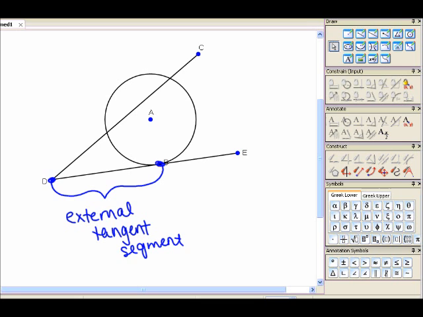Okay, and we'll say that that is for tangent ray DE. So segment DB is the external tangent segment for tangent ray DE.